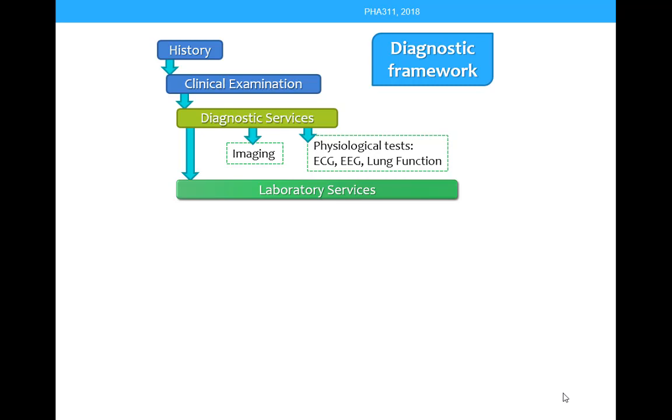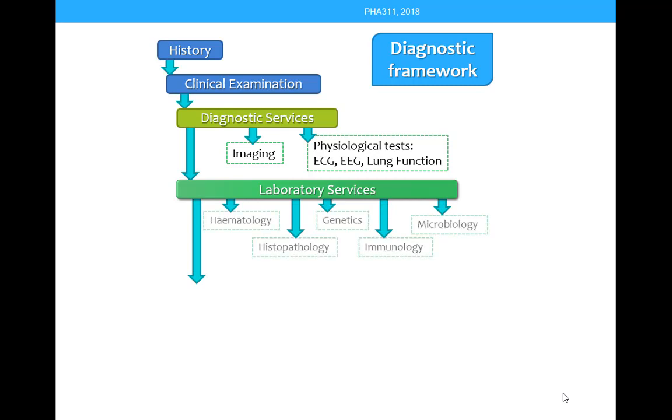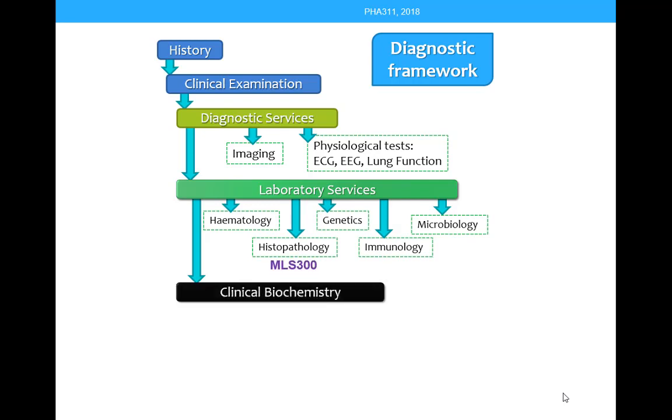So there's a host of tests that could be ordered in order to reach a diagnosis. These laboratory services now are subdivided into many different types of services. All right, you have hematology, histopathology, genetics, immunology, microbiology, and then you have the clinical biochemistry here. Okay, those who are taking MLS 300, you guys are over here, histopathology or cell pathology.